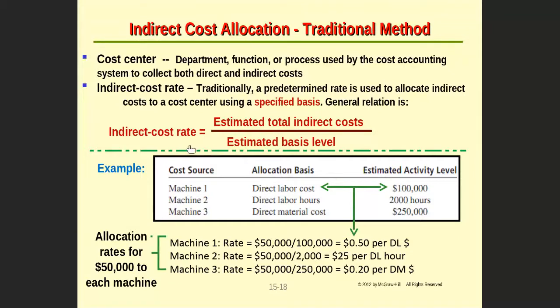In this example, it was given the indirect cost and gave you the basis level, and you have to find the rate, which is this side of the equation, when you divide the cost of the indirect by the basis that is estimated from the factory itself, to find the rate for every aspect in the case study.